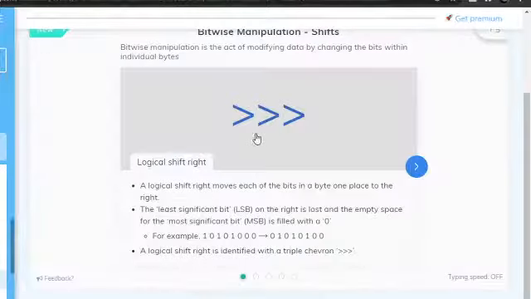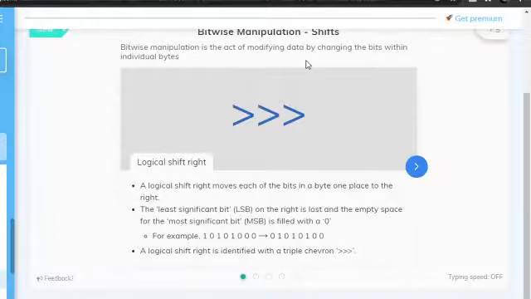Bitwise manipulation: shifts. Bitwise manipulation is the process of modifying data by changing the bits within individual bytes. Logical shift right: a logical shift right moves each of the bits in a byte one place right.